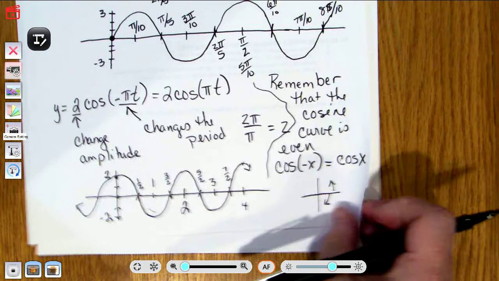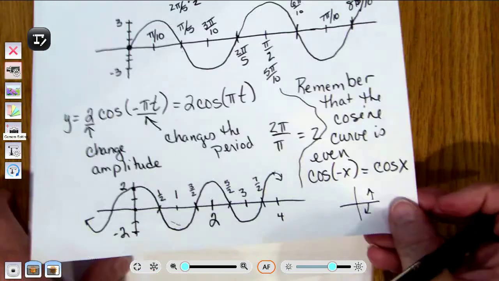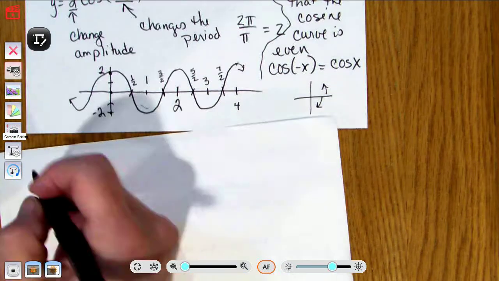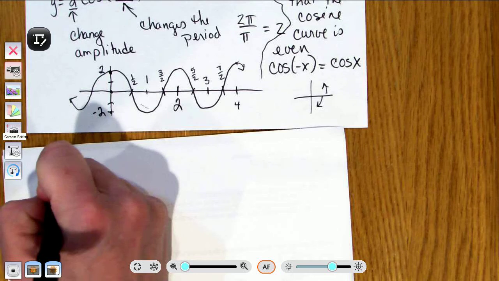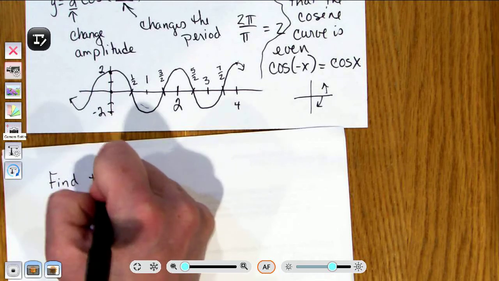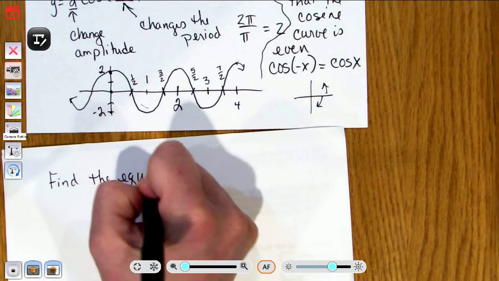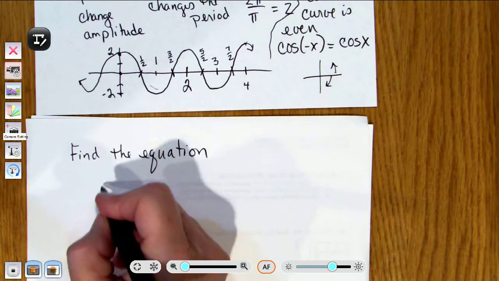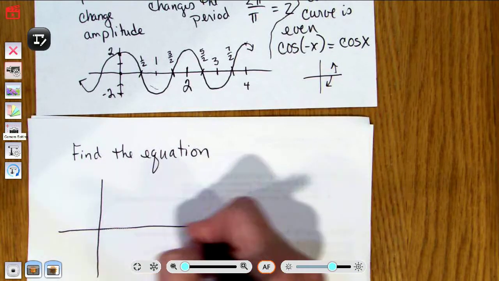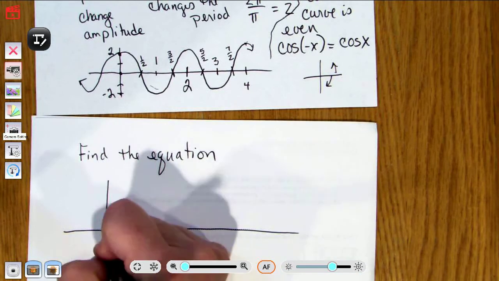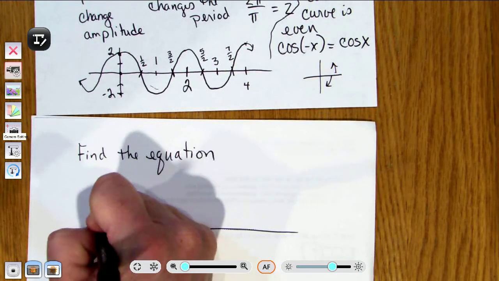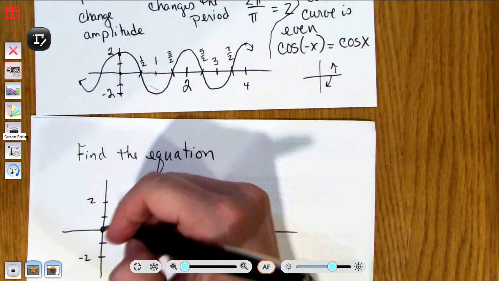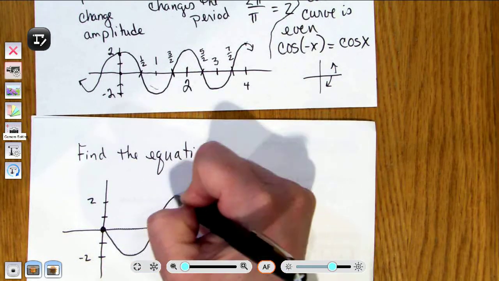All right, we're going to do one piece going backwards. Or maybe we should do 2. We'll do 2. So we are going to find the equation, which is a little harder because we kind of have to go backwards. So here's my equation. So we're going to go negative 2, positive 2. I'm going to start here, and I'm going to draw.